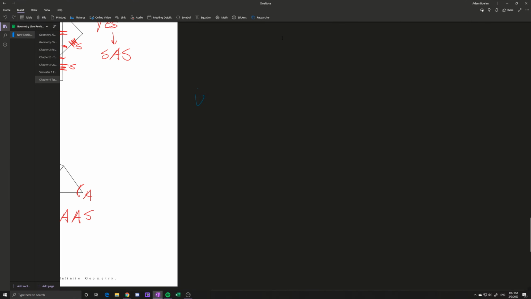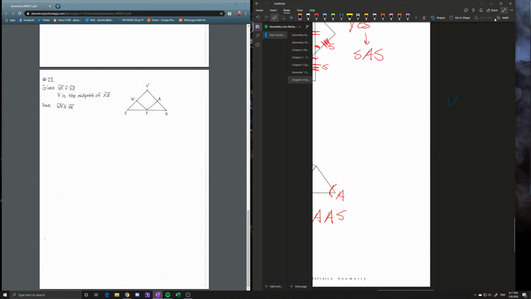VW is congruent to VA. So given that little piece, you should be able to prove that the two smaller triangles are congruent, because that bigger triangle is an isosceles triangle.